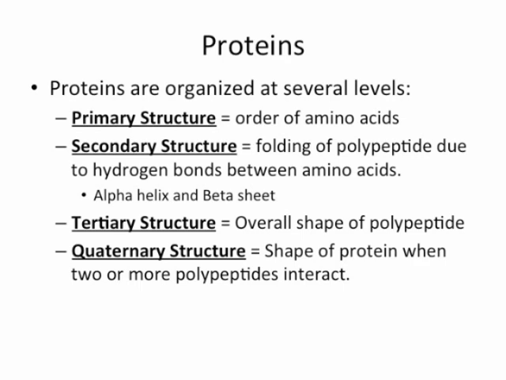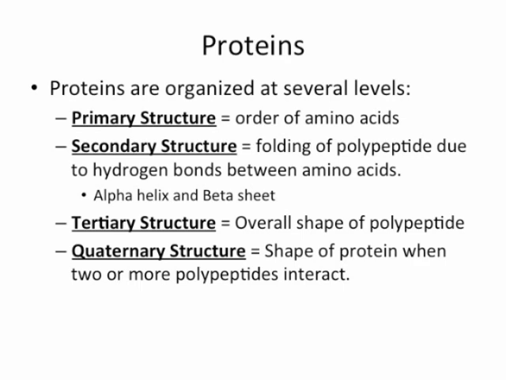That's the whole structure of the protein. Some that have more than one polypeptide, they're also going to have something called the quaternary structure, and this is the shape of the protein when two or more polypeptides interact. So you could have multiple polypeptides sitting on top of each other.